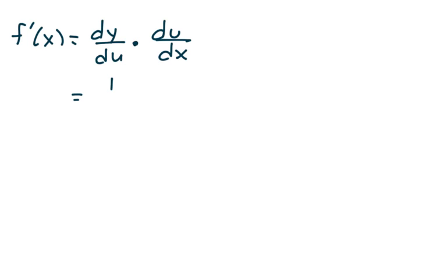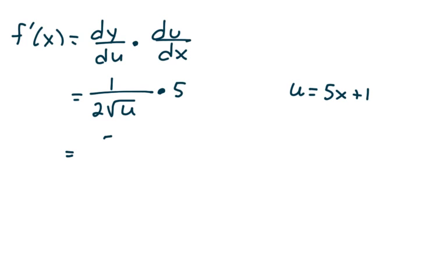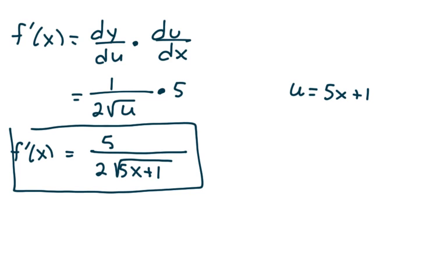But this is 1 over 2 square root of u times du/dx, which is 5. So I'm going to put a 5 here. So remember that u is 5x plus 1. So I'm going to write f prime of x as 5 divided by 2 square root of 5x plus 1. That's number 9.